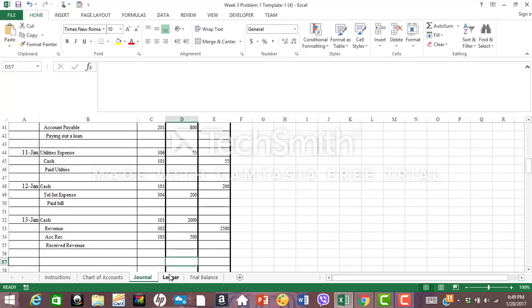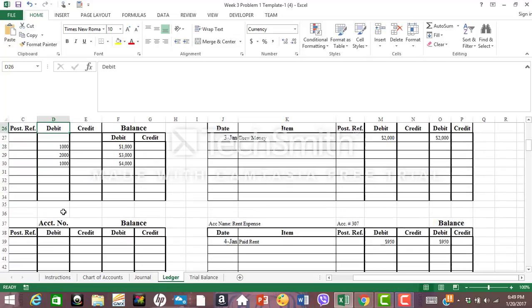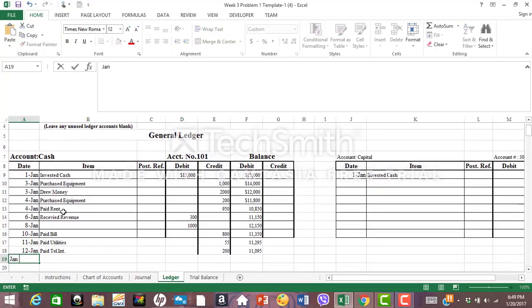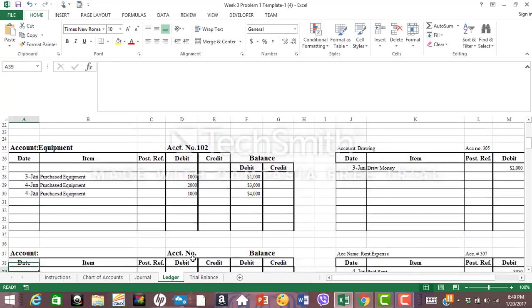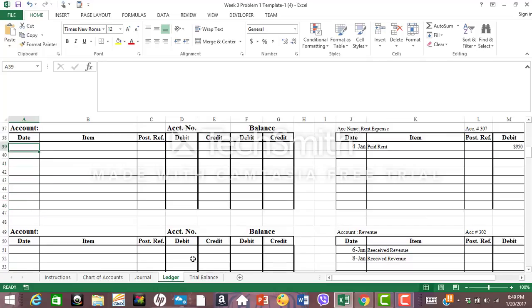Okay, then we go over here, and then we go all the way up to cash, and we do January 13th received revenue, and he has received $2,000 in cash. So the new balance is this balance plus the $2,000, $13,095. And then account receivables, let's add another account.